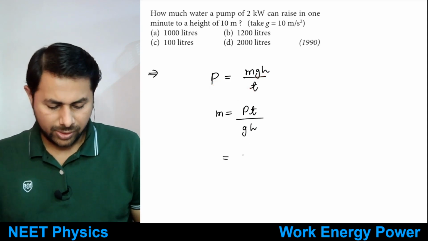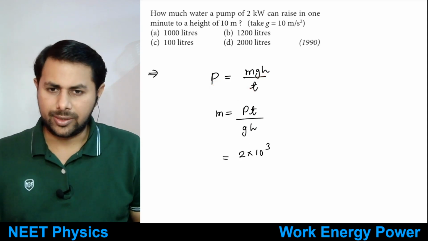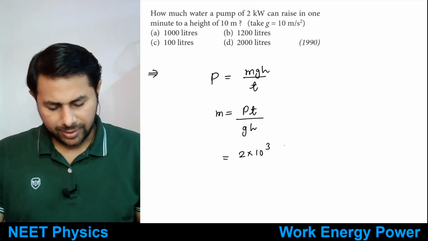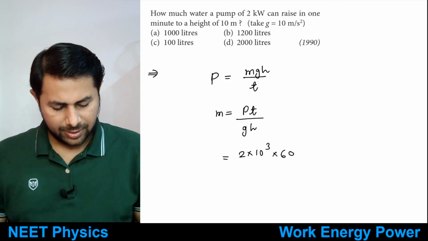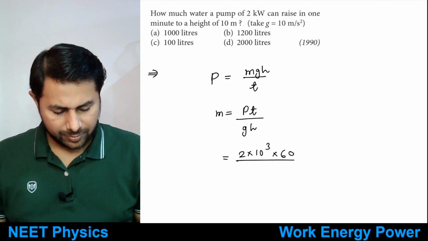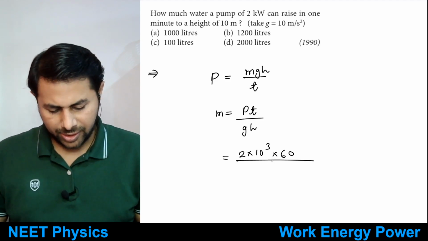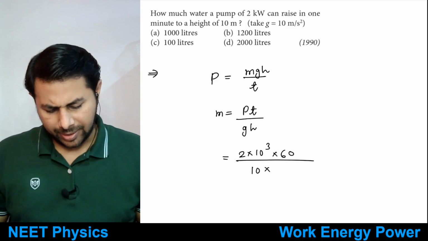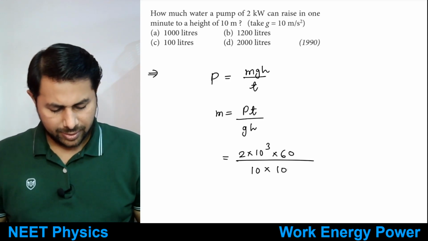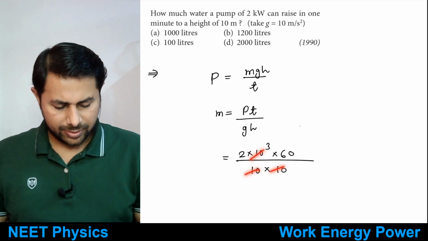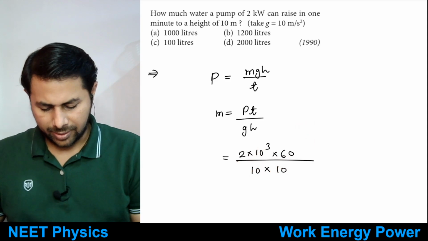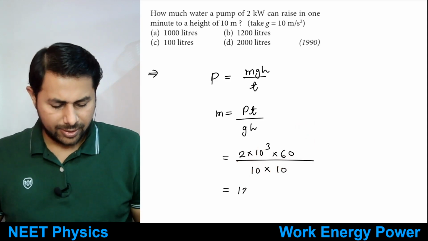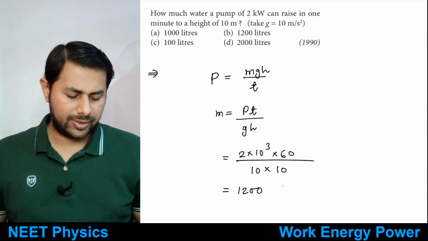Then put the values: 2 into 10 raised to 3 times time, 1 minute, meaning 60 seconds, divided by g times h. g is 10 multiplied by h, which is also 10. So this is 100. So 10 will remain from that. 60 times 2, 120 times 10, 1200. Right, 1200 kgs.